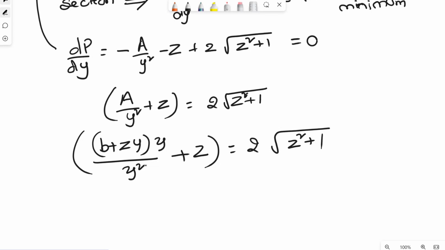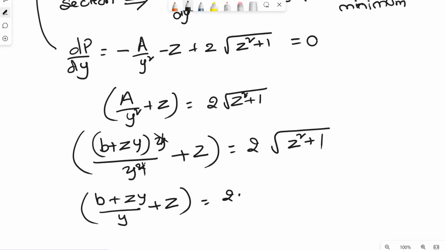So this y will cancel. Remaining is b plus zy by y plus z is equal to 2 into square root of z square plus 1.